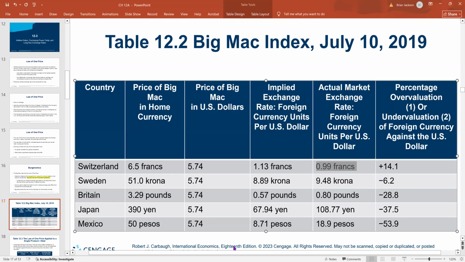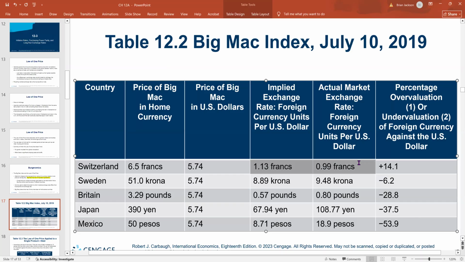Okay, but on that same day, the Forex markets, if you looked in the Wall Street Journal, or if you looked at CNBC, or Fox Business Network, or so forth, if you tracked exchange rates on that very day, you would have seen that it took 0.99 Swiss francs to purchase a dollar. So there's a disparity here between these two rates.